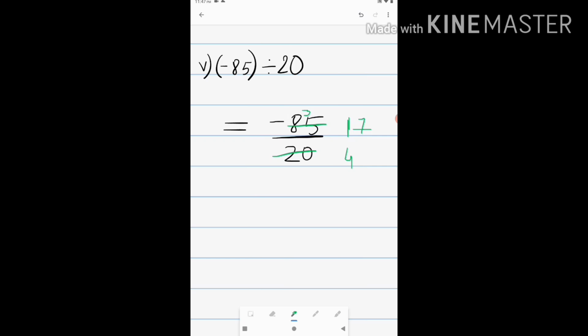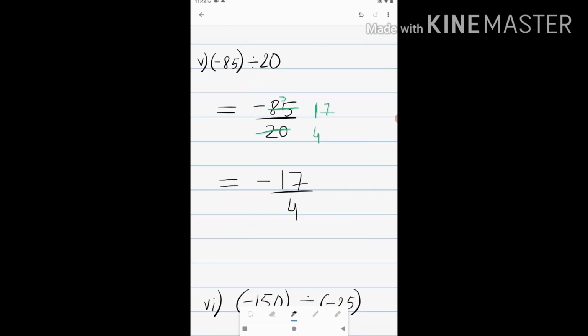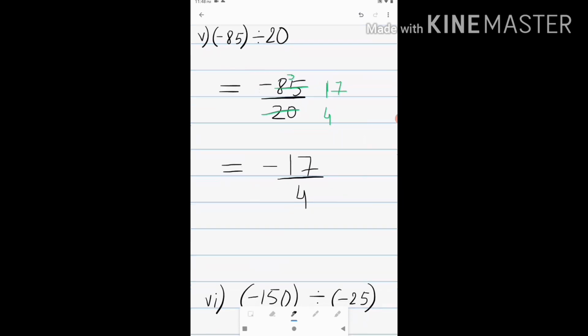Now 17 does not go in 4 times table, so there is no further cancellation for this sum. So we'll write our final answer down, which is minus 17 upon 4. Okay. Please don't forget to bring down your negative, positive sign, whatever it is. Please don't forget to bring that down, otherwise your sum will be considered as wrong.